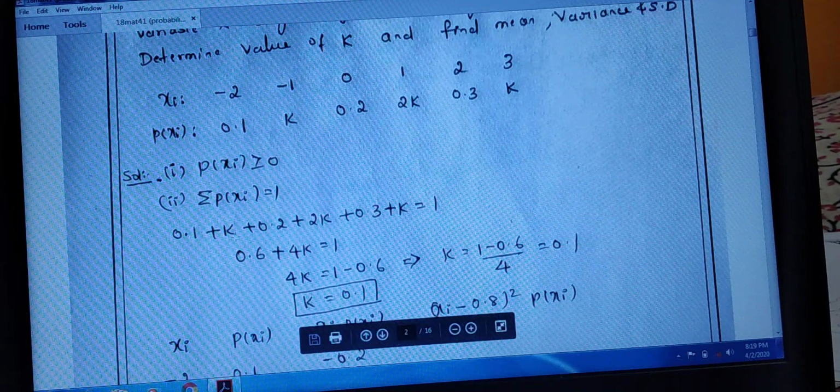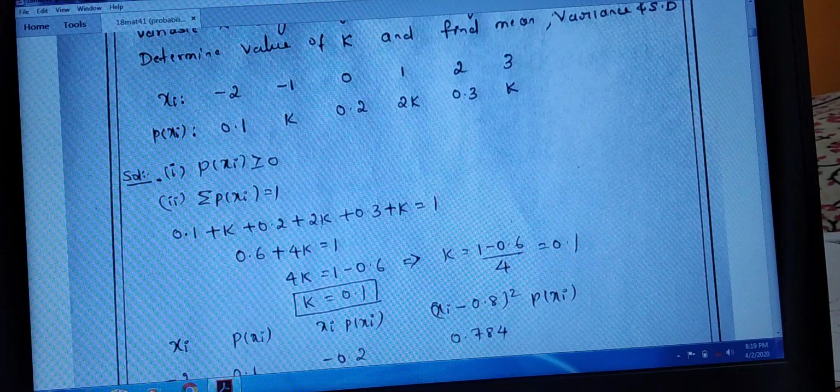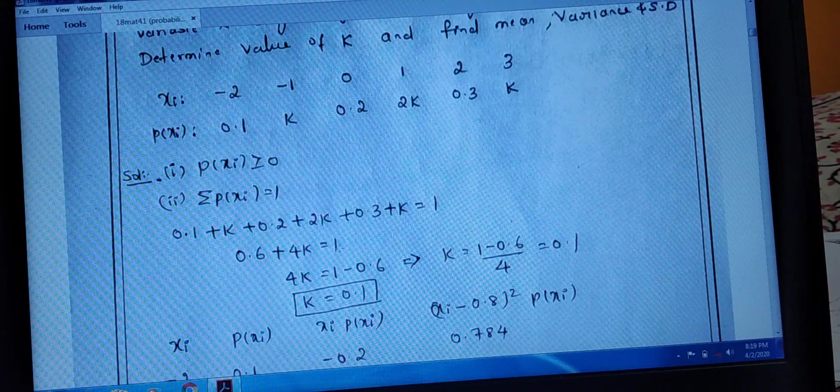Now add all the k's: k plus 2k plus k equals 4k. So we have 0.6 plus 4k equals 1.